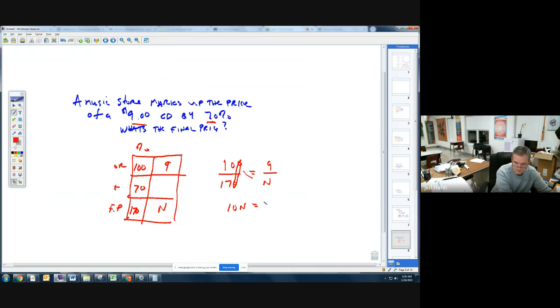What is that, 153? Just divide by 10, move the decimal back one place. This would be $15.30, because it said what was, sorry, that goes in this box. $15.30 was the final price.